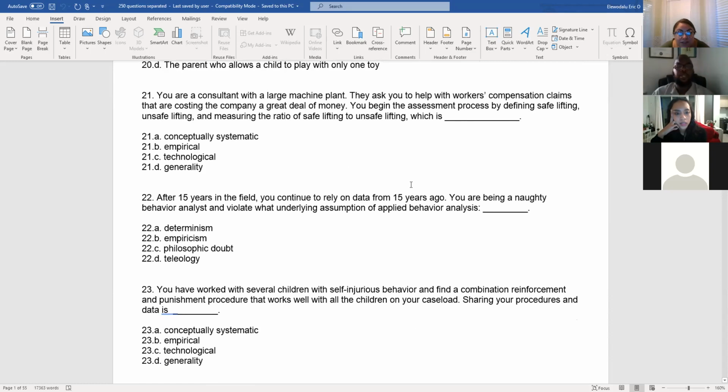You are a consultant with a large machine plant. They ask you to help with workers' compensation claims that are costing the company a great deal of money. You begin the assessment process by defining safe lifting and unsafe lifting, and measuring the ratio of safe lifting to unsafe lifting, which is... What's the question?